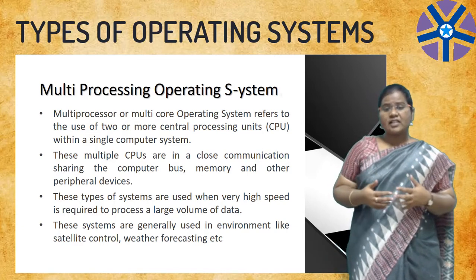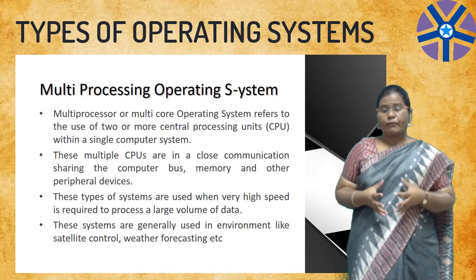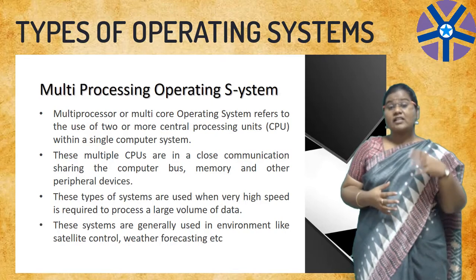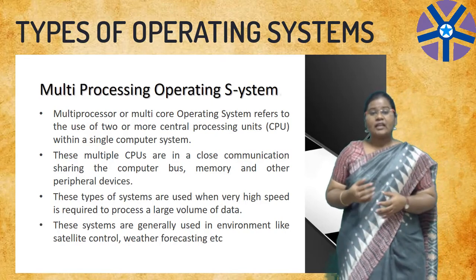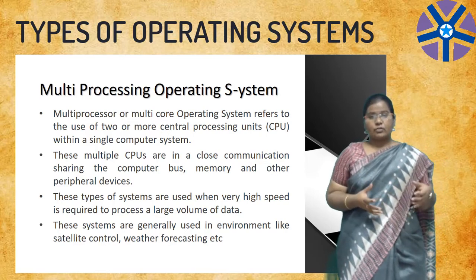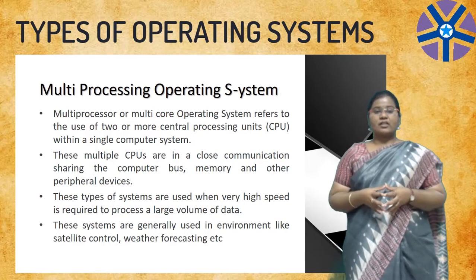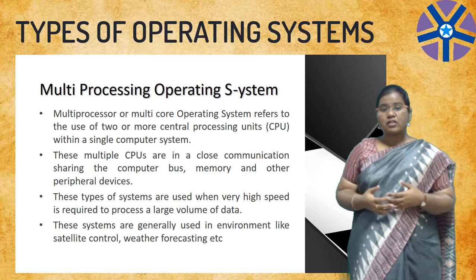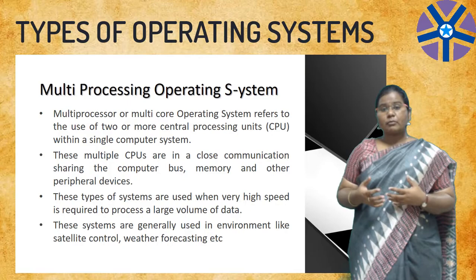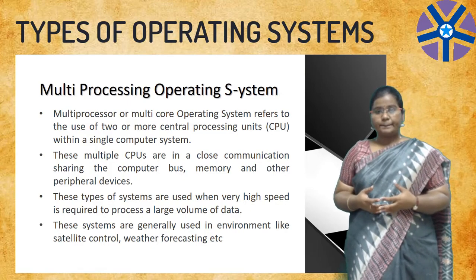These types of operating systems are used when there is a lot of data to be processed. The main applications where multiprocessing is used are satellite controlling and weather forecasting, because we get more and more large volumes of data.